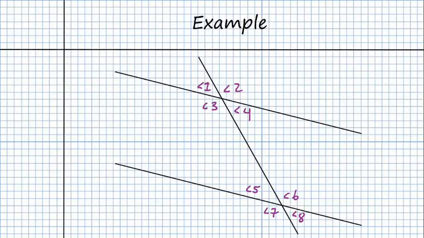And what I'm going to say is that this is line L, and this is line M, and I can note that line L is parallel to line M, and I can say that this line, T, is transversal.